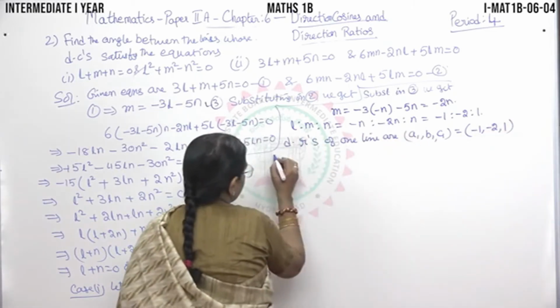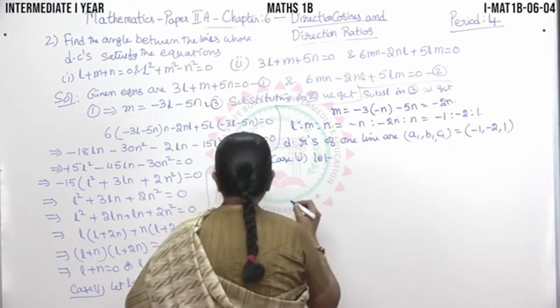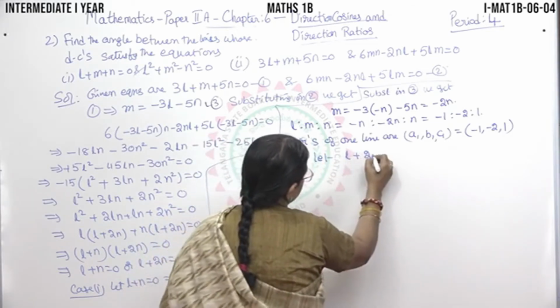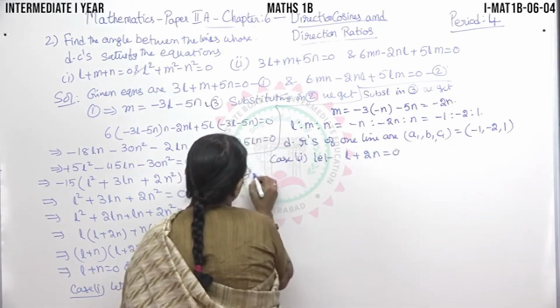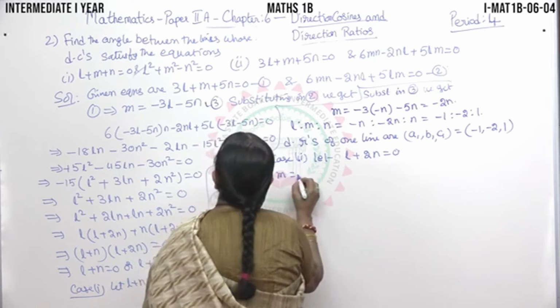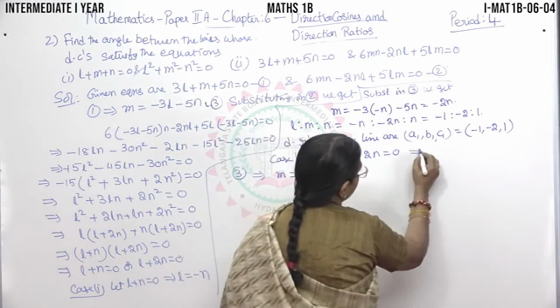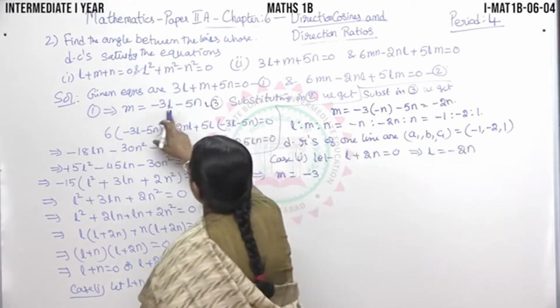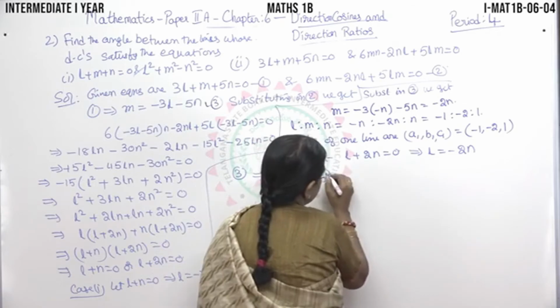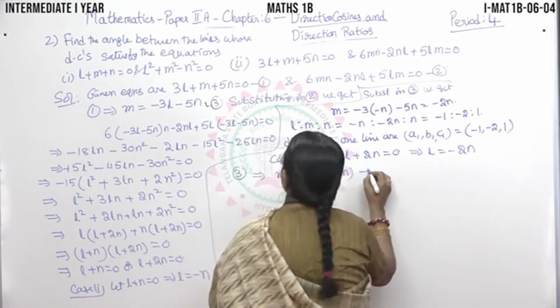Okay. Now we'll take case 2. Suppose that L plus 2N is equal to 0. Now substituting in equation 3 we get M is equal to minus 3L minus 5N. From this we'll find out L. So L is equal to minus 2N. So minus 3 into L, L is minus 2N, minus 3L minus 5N.